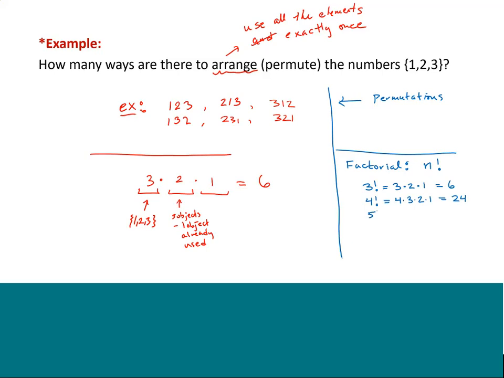And I'm going to stop at 5 factorial because we should be able to see a pattern. 5 factorial is 5 times 4 times 3 times 2 times 1. Or if you multiply the 24 by the 5, that would be 120. Now there are some special cases, and we'll look at the special cases in just a second. But in general, anybody have a guess for what the formula is for n factorial? Did you spot a pattern, in other words?